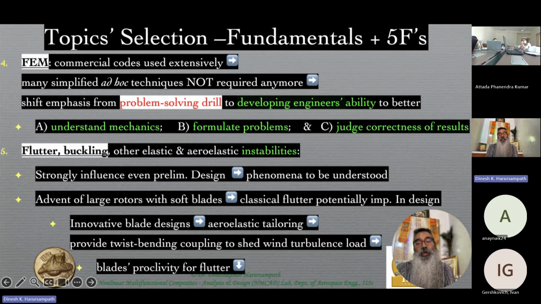So now, for example, in helicopters, there are a lot of soft blades that you're using. Whereas in earlier days, we used to have what is known as a fully articulated design, where there were hinges and bearings, where the helicopter rotor blade was attached to the hub of the rotor. And therefore, there's no load at the hinge itself in terms of the rotary loads of moments and torques.